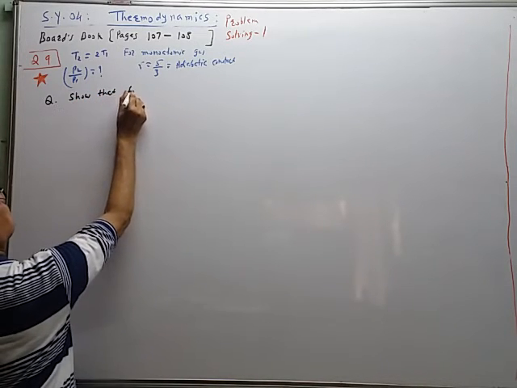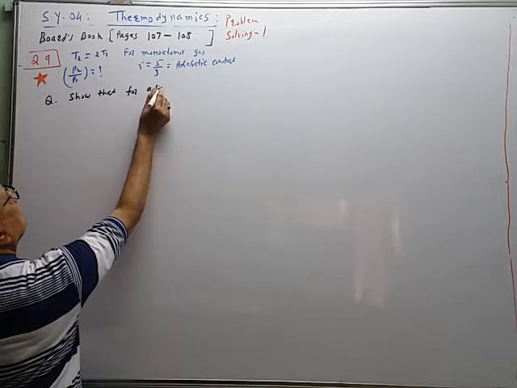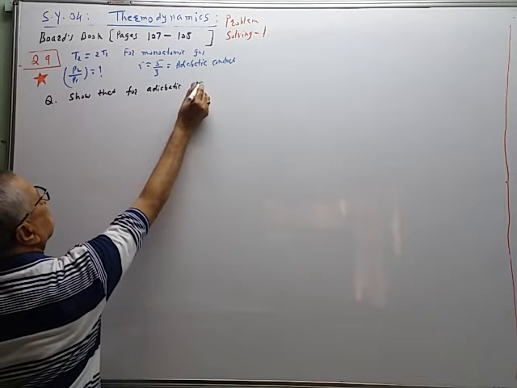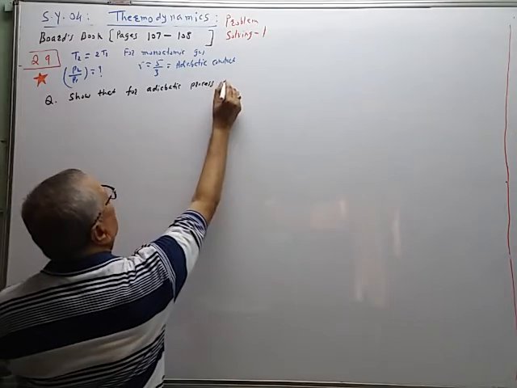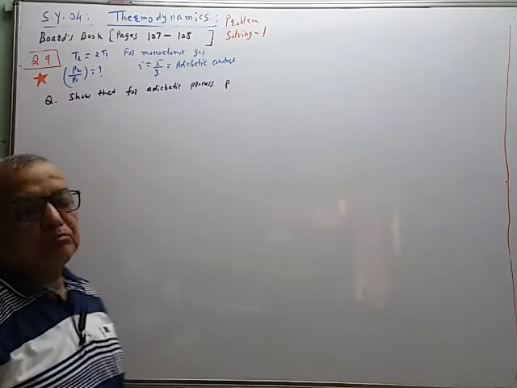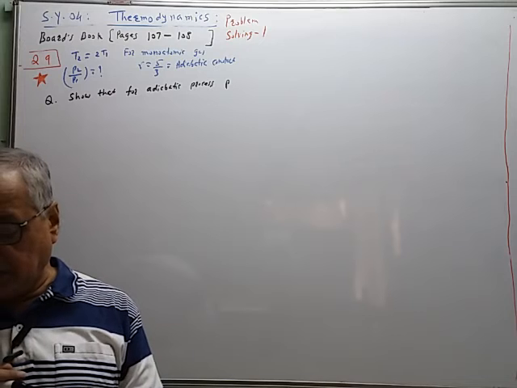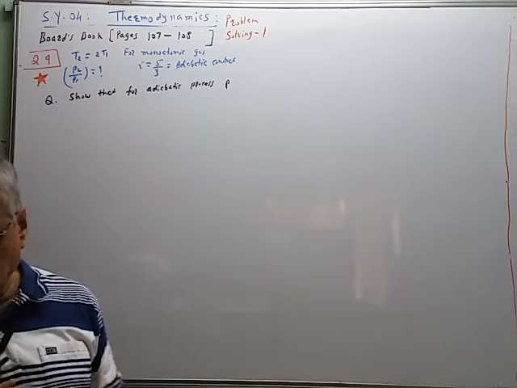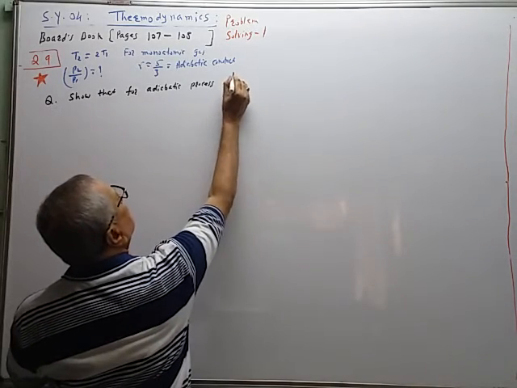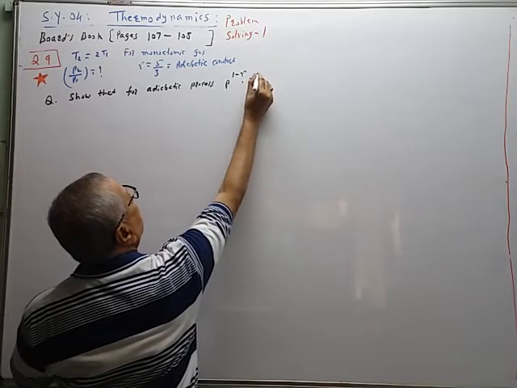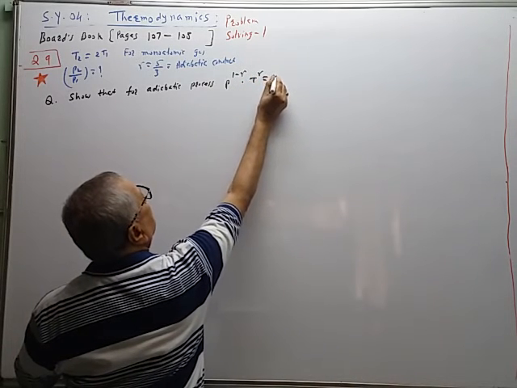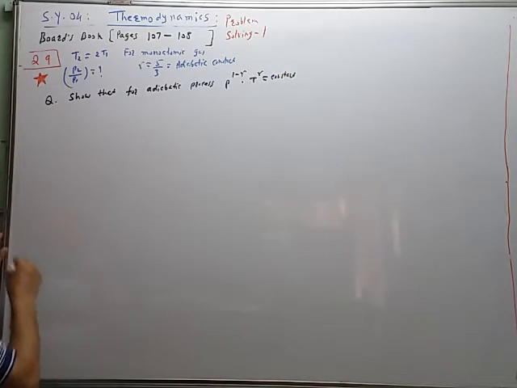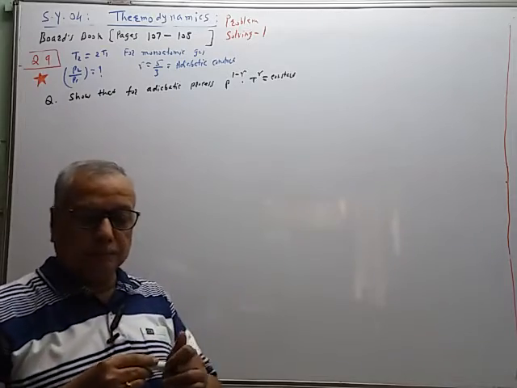Show that for adiabatic process we want relation between P and T: P raised to 1 minus gamma into T raised to gamma is equal to constant. So you have to show this relation.